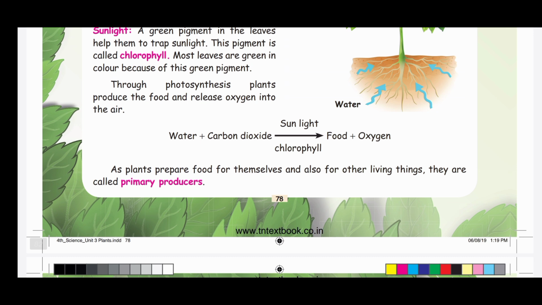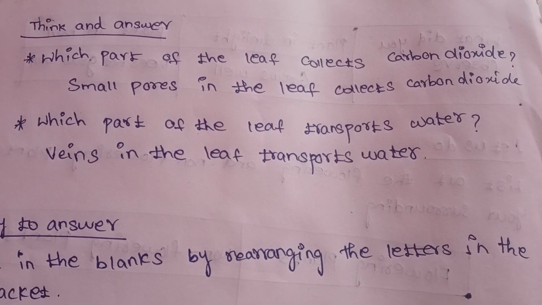So the first one is plants, so that is called primary producer. Humans are directly and indirectly dependent on plants. Directly, we eat spinach, vegetables, all those things we get from plants. Indirectly we are eating animals. Animals eat their food from plants. So all together we are all in need of plants, so plant is the primary producer.